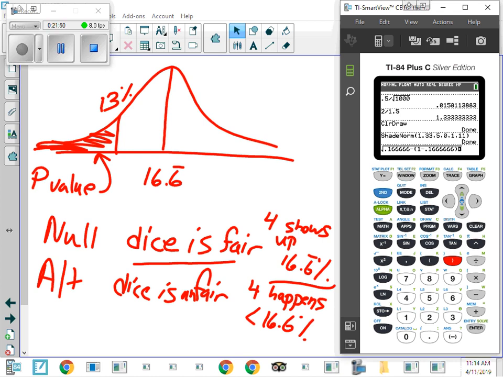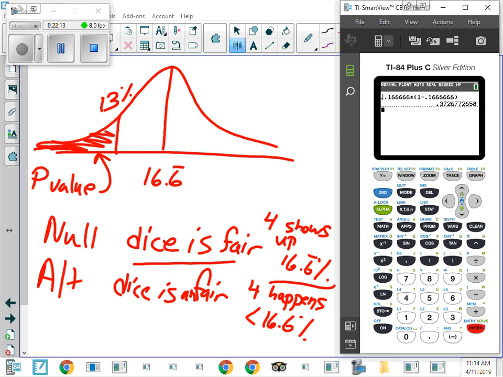So that gives me an SD of error. What did I do wrong? Oh, I subtracted it, duh. It's a multiply. Okay. Now I get an SD of 0.372.